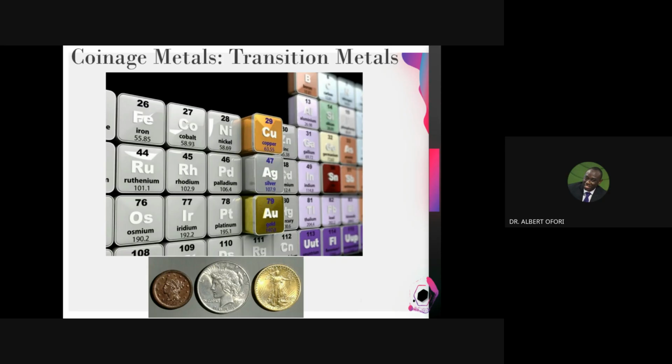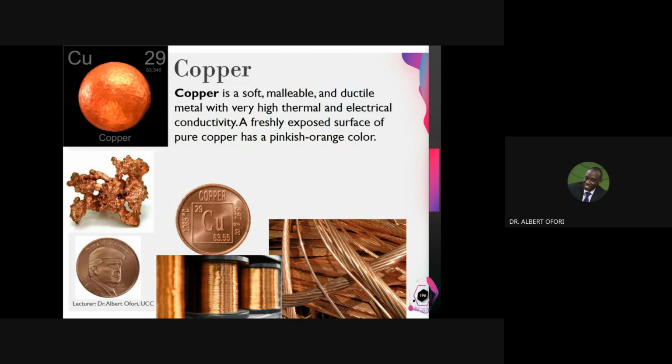So for example, copper. Copper is very soft, malleable, and most of our cables, like the electrical cables, are copper cables. If you look at it, the atomic symbol is Cu, meaning it has an old name.